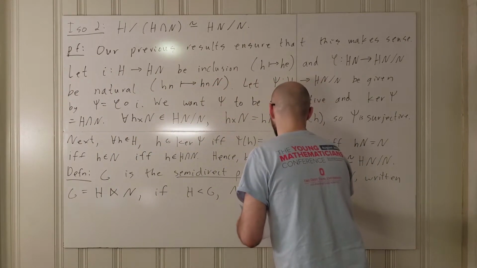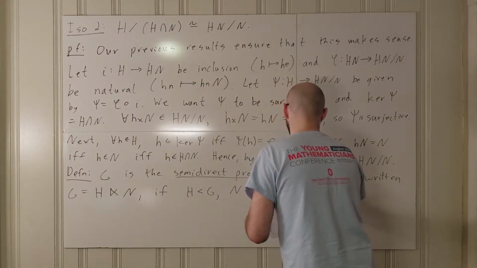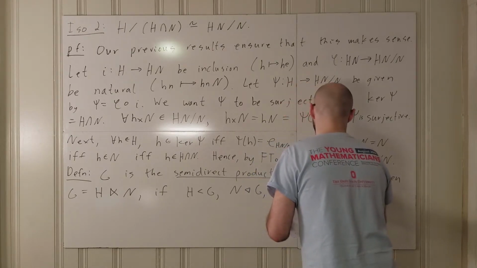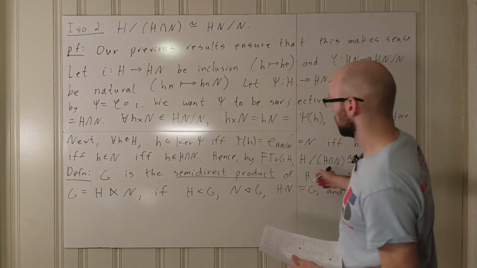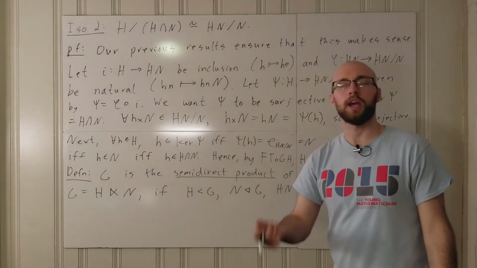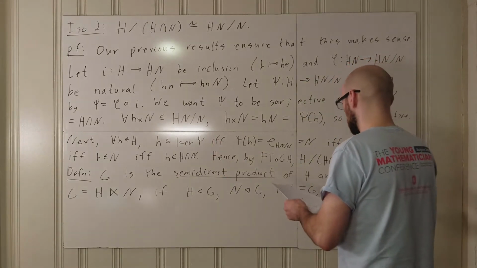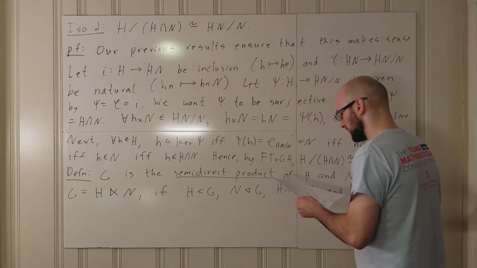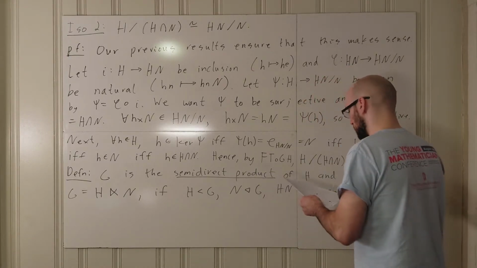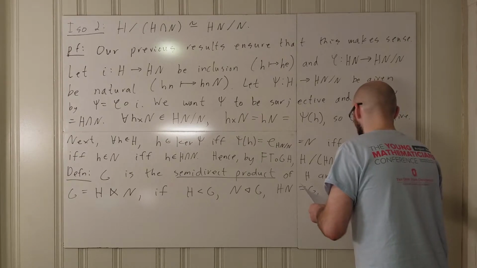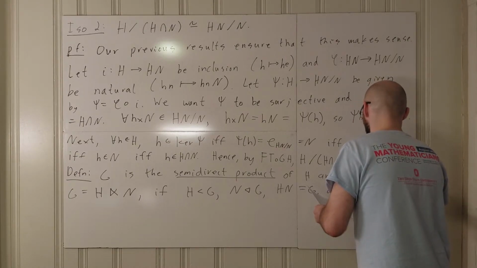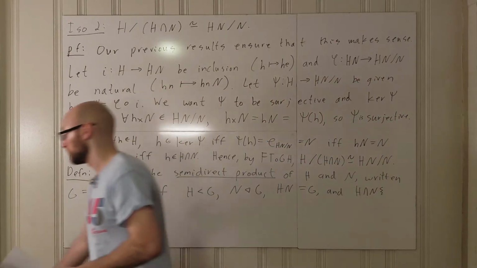HN needs to be equal to G, which contrasts with previously, where we discussed that HN is just a subgroup of G. It doesn't need to be all of G. And the last thing is we need H intersect N to be trivial.